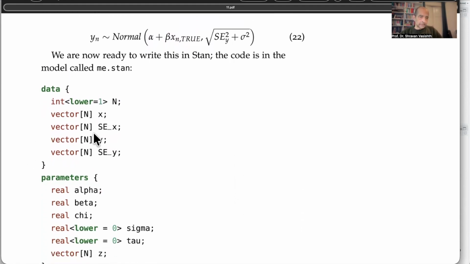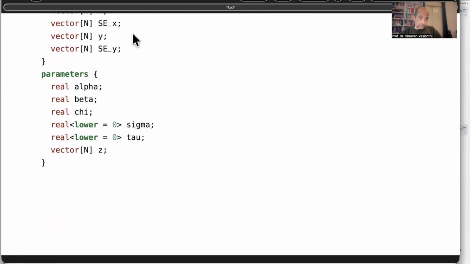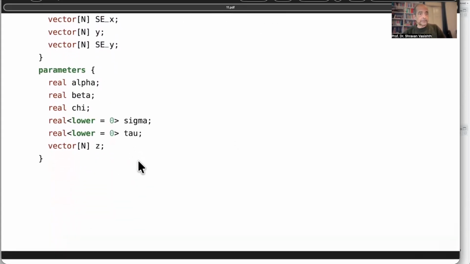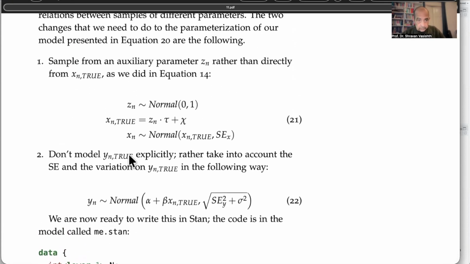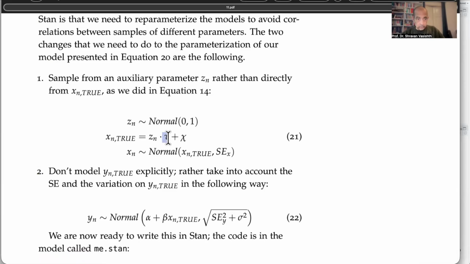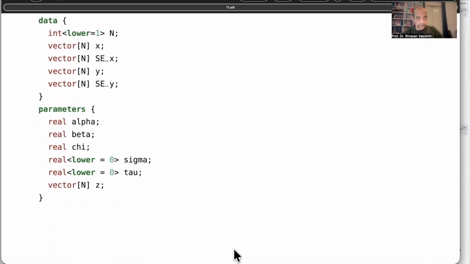So the data look like this. We are going to measure x with standard error x, y with standard error y, so there are four vectors of data that come in, along with the number of data points, which is the number of subjects in this case. Then we have the alpha and beta for the regression model, the sigma for the residual standard deviation, and tau, the between-subject variability.